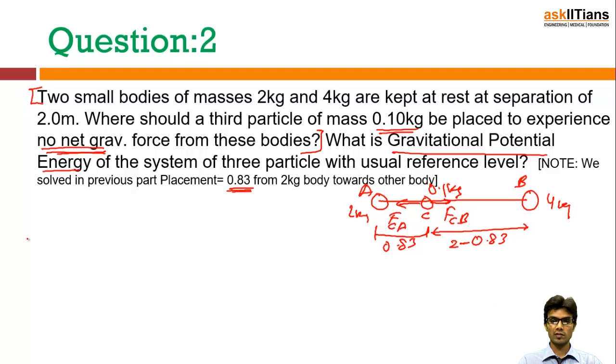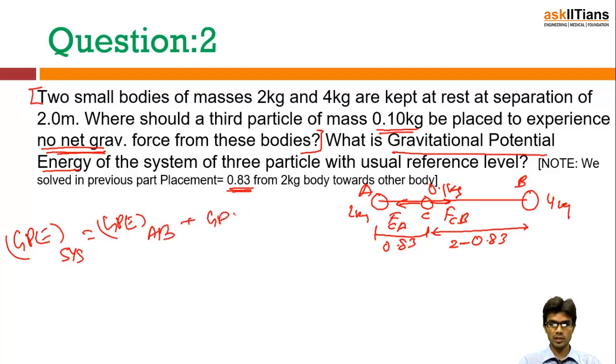The gravitational potential energy of the system is equal to the gravitational potential energy between AC, plus between AB, plus between BC.